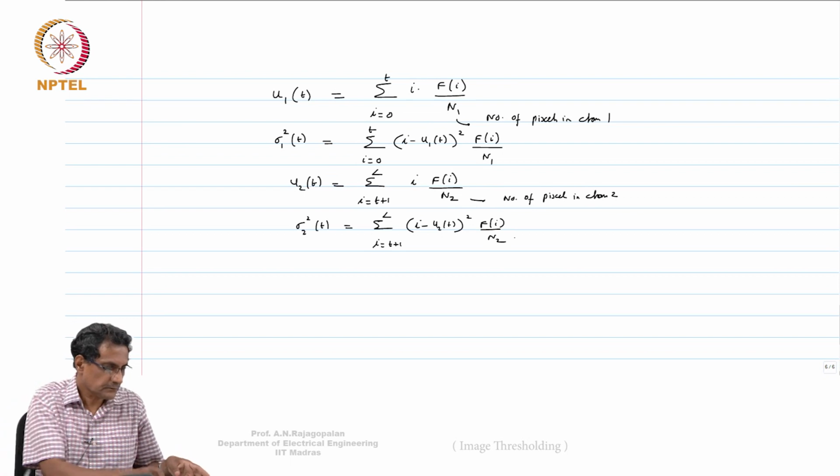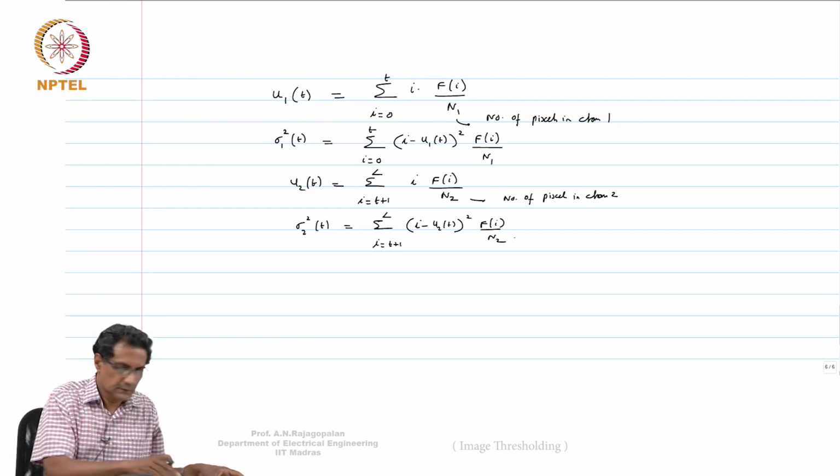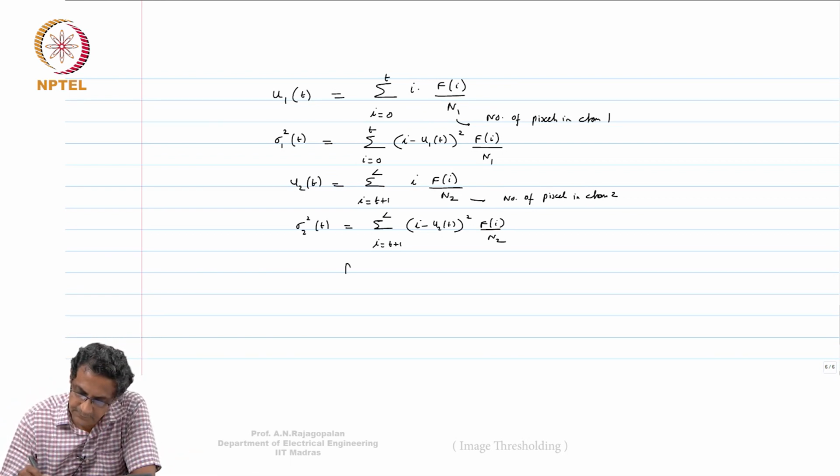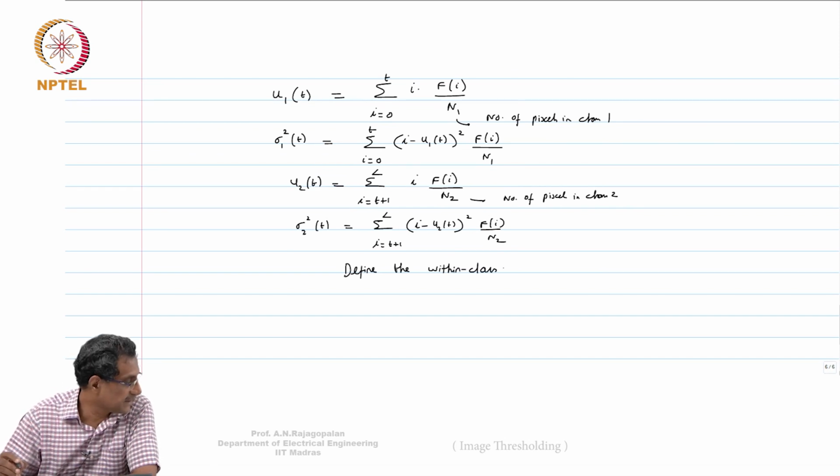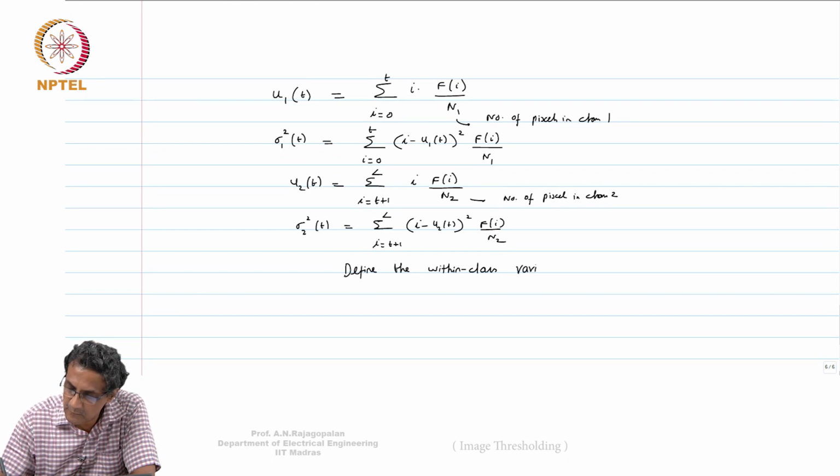Now let us define the within class variance, also called the intraclass variance, as sigma square w of t, where w stands for within class.